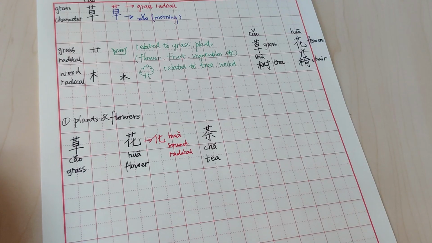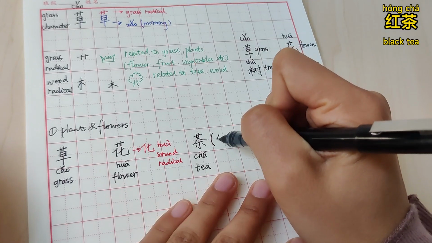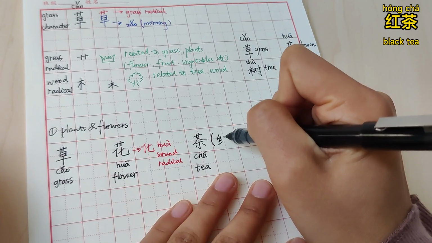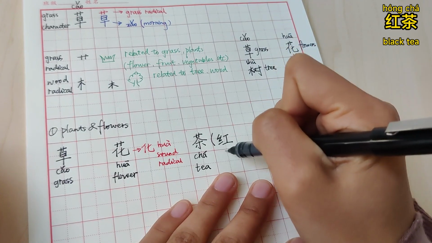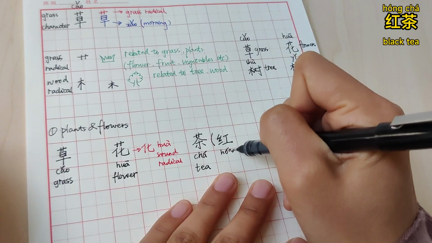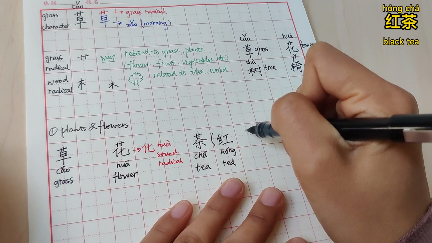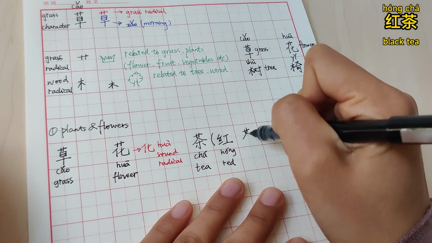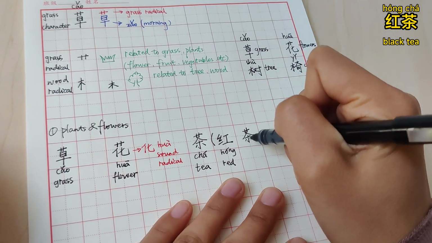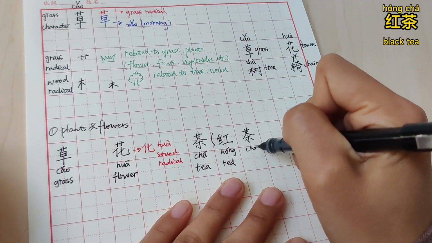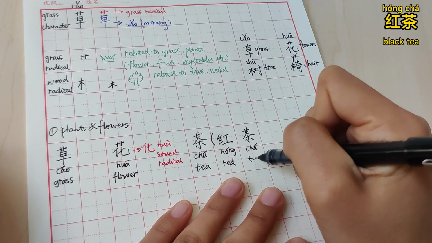So that would be hong cha. So we got the hong, which means red, and then cha, tea.